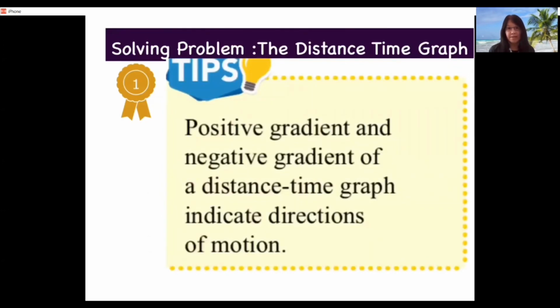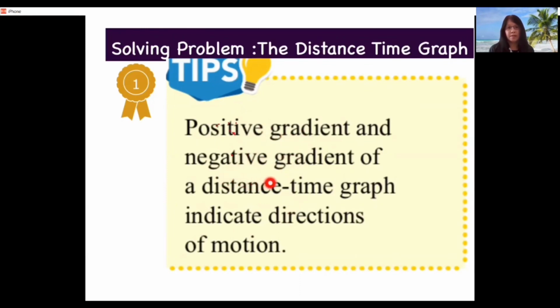The positive gradient means the speed is positive. The negative gradient doesn't mean the speed is negative; it means the direction. The positive and negative mean direction.